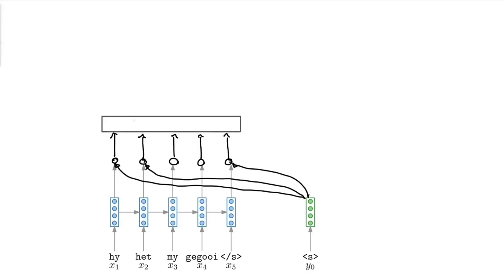What comes out of the softmax? Stuff that looks like probabilities, that's right. A bunch of numbers that sum to 1, and they're all between 0 and 1. I call these numbers alpha 1, alpha 2, alpha 3, alpha 4, and alpha 5 in this case.